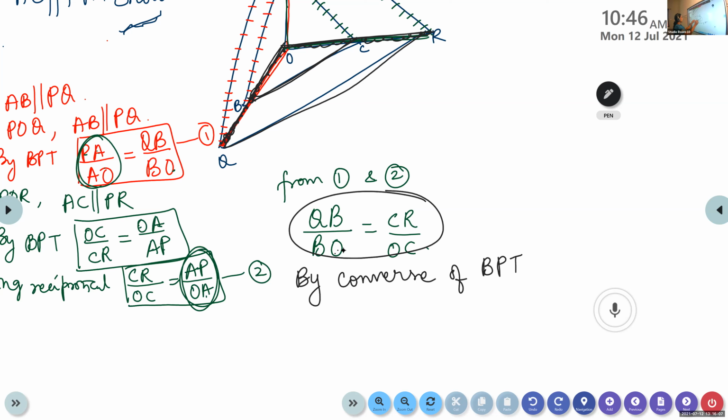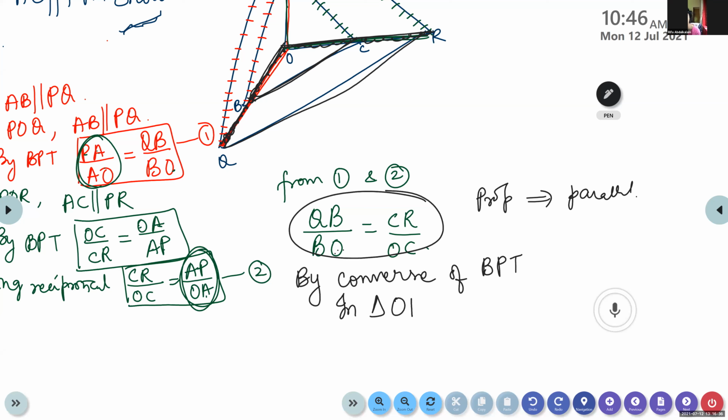If the ratios are given, we have to use BPT. Here we are getting the ratios proportional. Proportionality implies parallel. That is the converse. Here proportional is given. Look at the result: in the result we want to prove it is parallel. So by the converse of BPT, in which triangle?